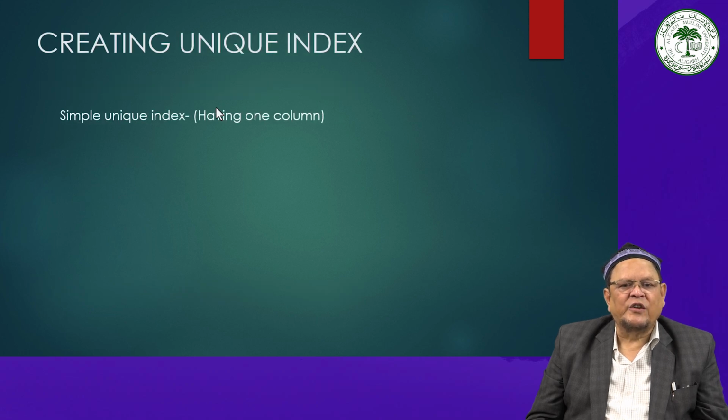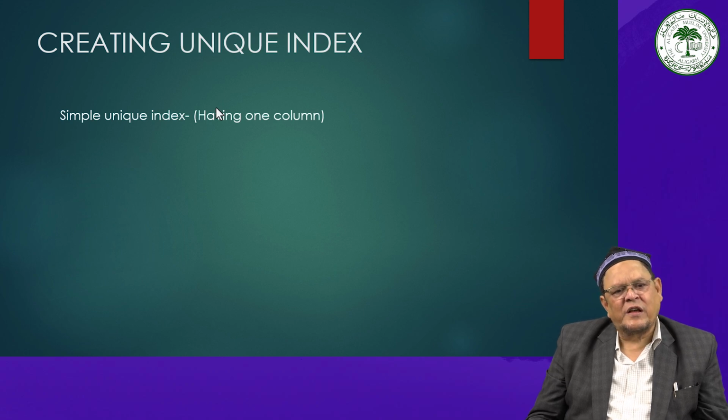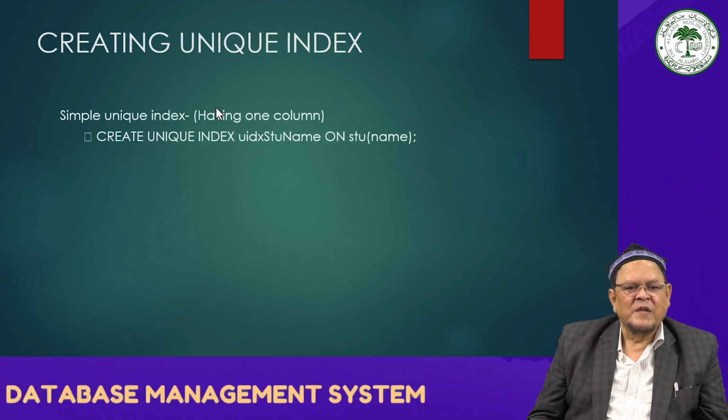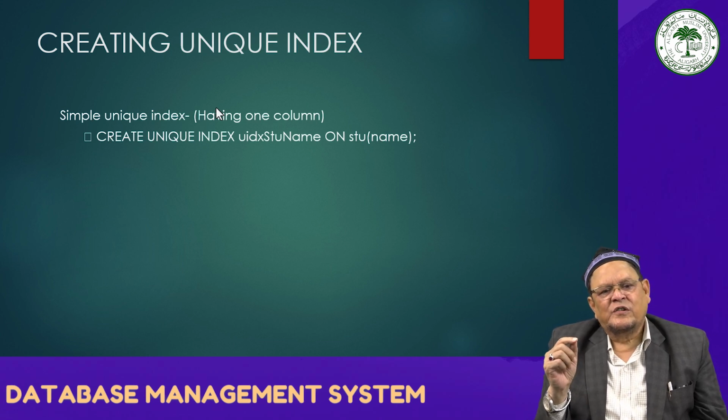How will you create a unique index? The simple way, having one column, and also in the same way, if it has one column or multiple columns, you can say composite column. If it is a unique index having one column, to create a unique index: create unique index UIDX student name on STU, within parentheses you have to write the attribute name.